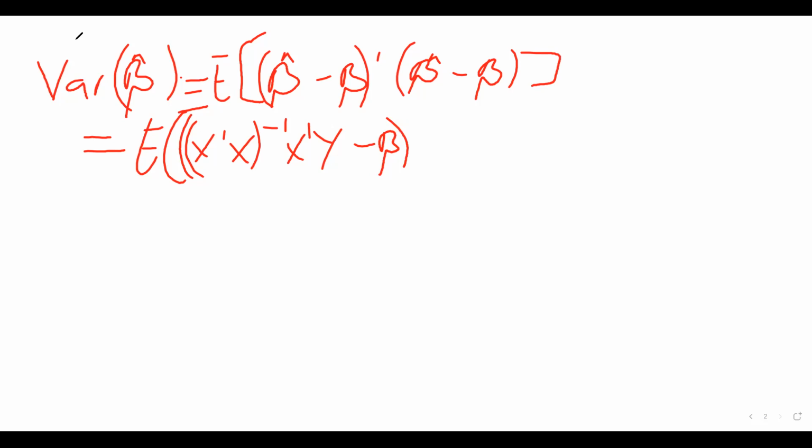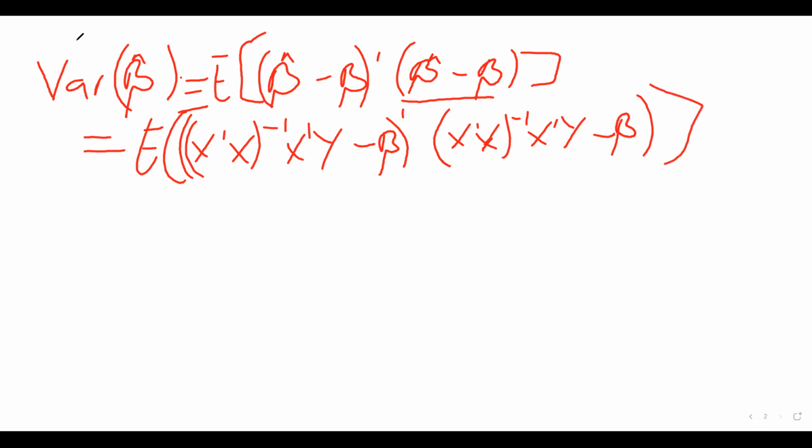You have the same thing on this side: (x prime x) to the power negative 1, x prime y, minus beta. Remember these are just matrices. We are going to take the expected value of all that.